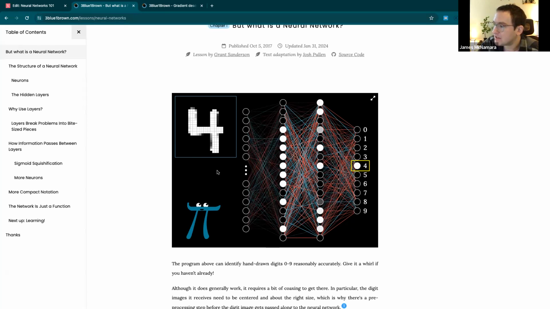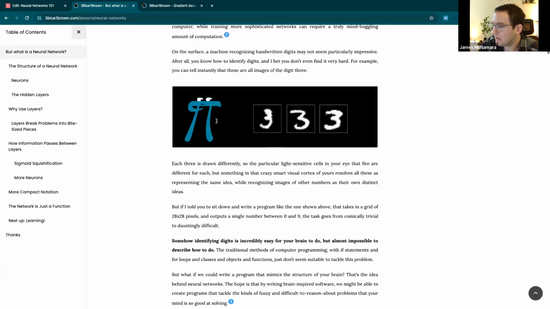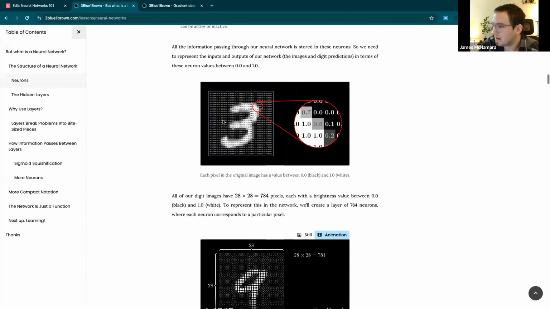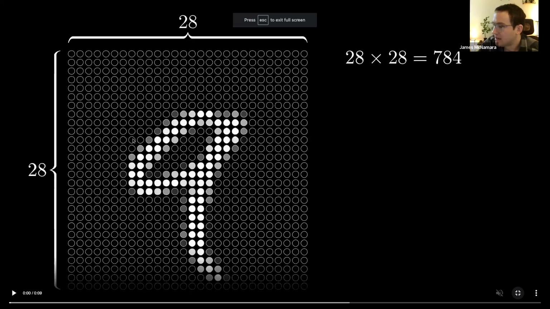So how is this doing this? If we jump down here, here's a nice visualization of what's happening. You can see the thing that we drew is an image, which is really just a matrix of pixels. Each pixel is a value from 0 to 1. 0 is black, 1 is white, anything in between is gray.